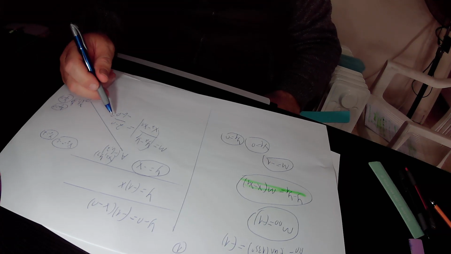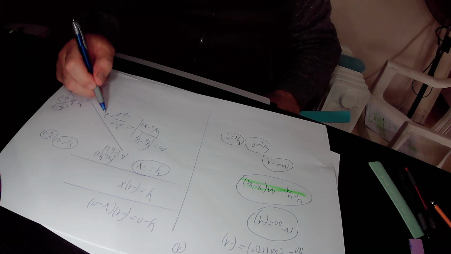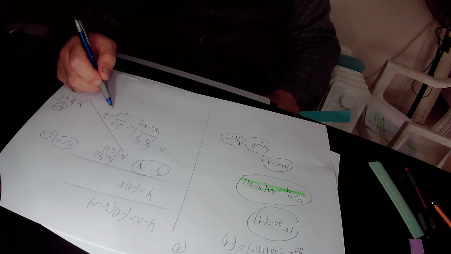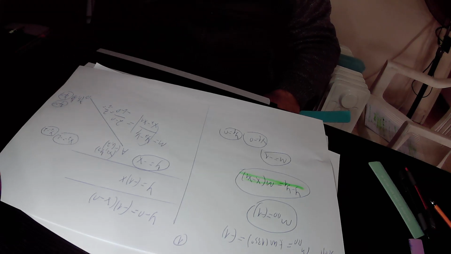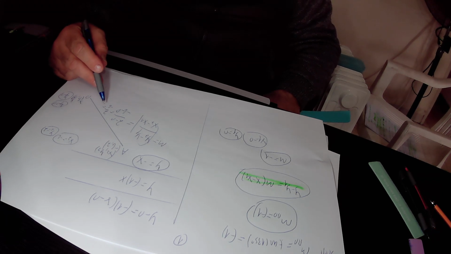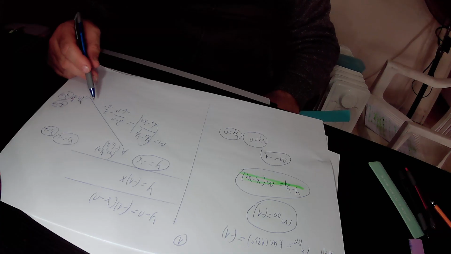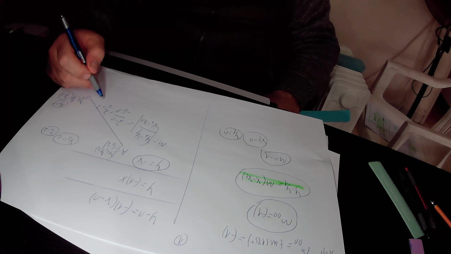So in the numerator we have 2 minus 0 is 2, over minus 6 minus 0 is minus 6. We divide both the numerator and the denominator by 2, so 2 over 2 is 1, and minus 6 over 2 is minus 3.